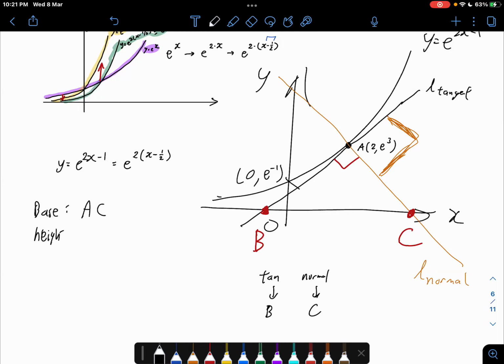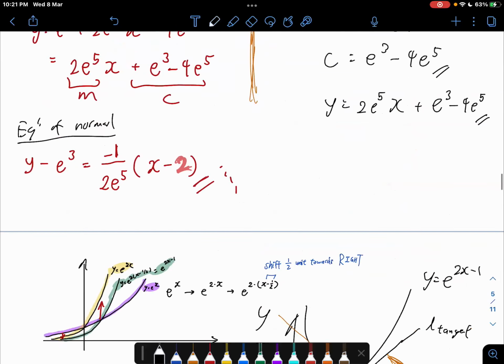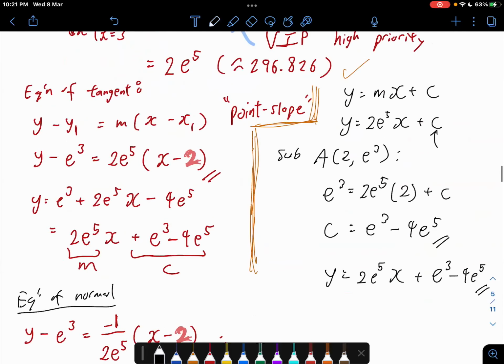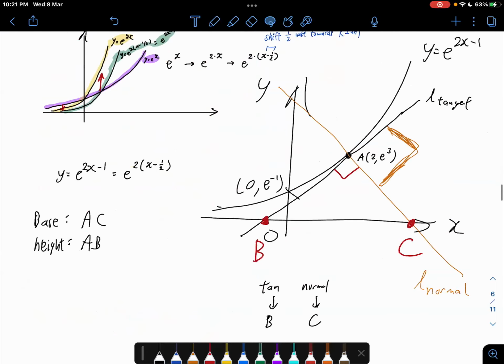Okay, do you realize this is exactly the same question? I'll just quickly go through it with you so that you can see how to get the exact value answer. So the equation of the tangent, we already have. Sub y equals 0 into the equation of tangent, and sub y equals 0 into the equation of normal.